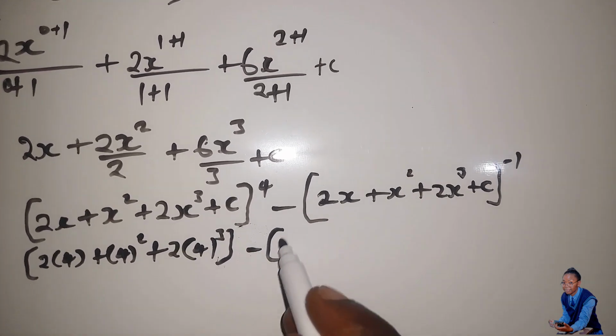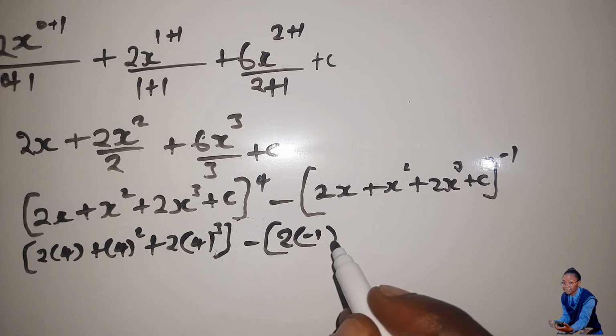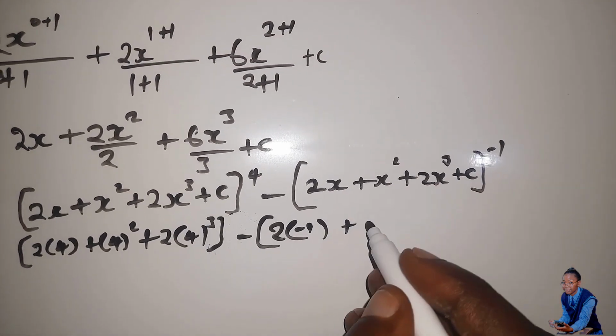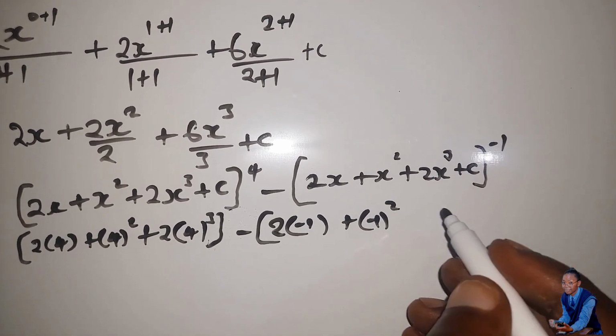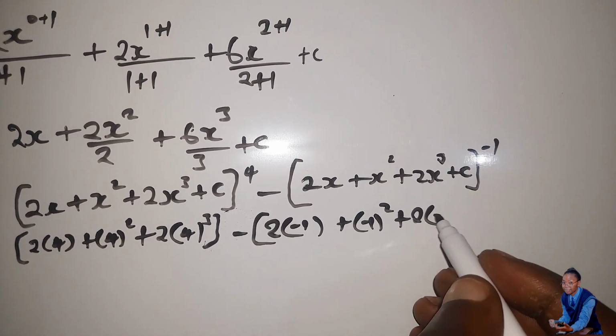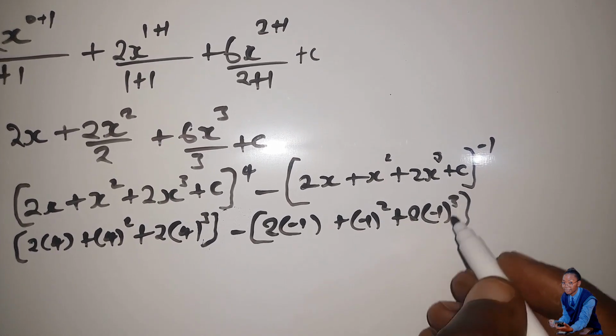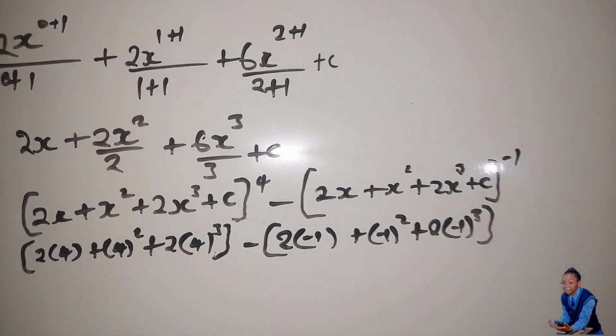Minus, for this side, in the x we substitute -1: 2 times -1 plus (-1) squared plus 2 times (-1) to the power 3. This c and this c already cancelled.